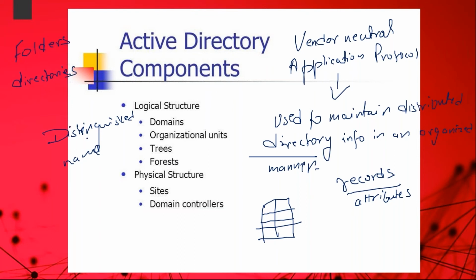Now, how does a person gain access to all those records? Let's say a session has started. There is a user, the client, and he is bound to the LDAP server.